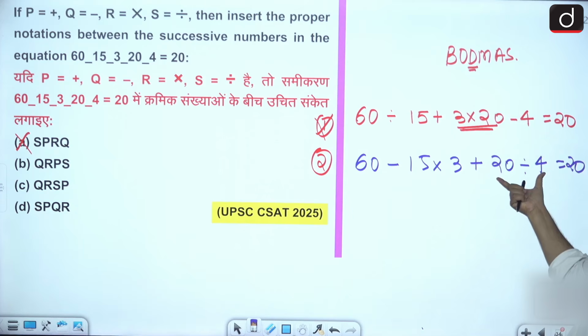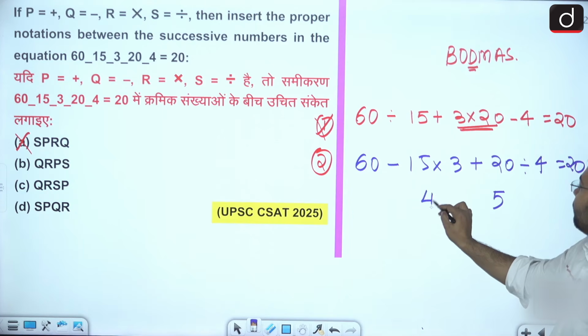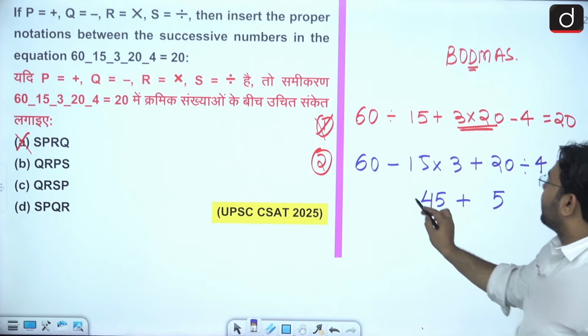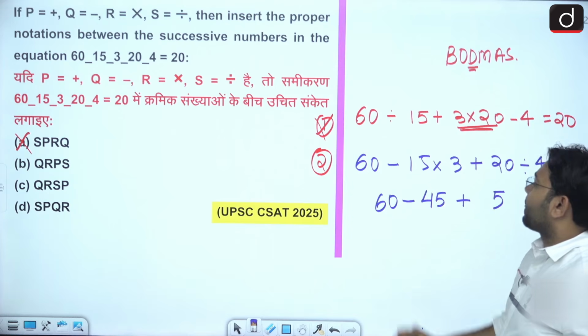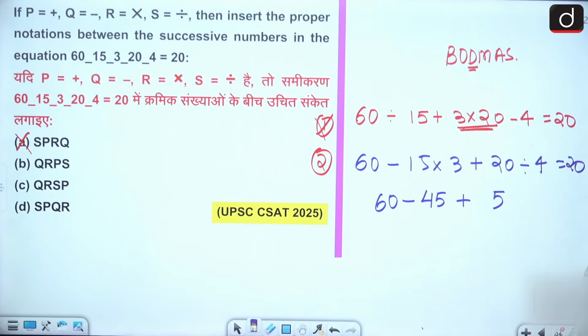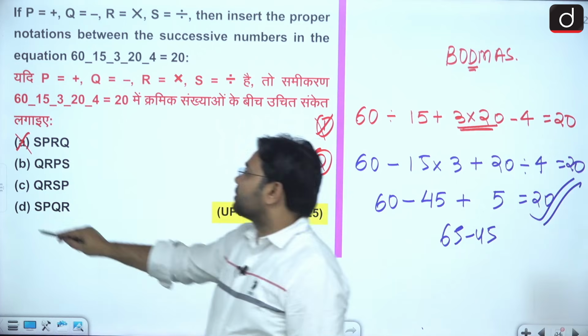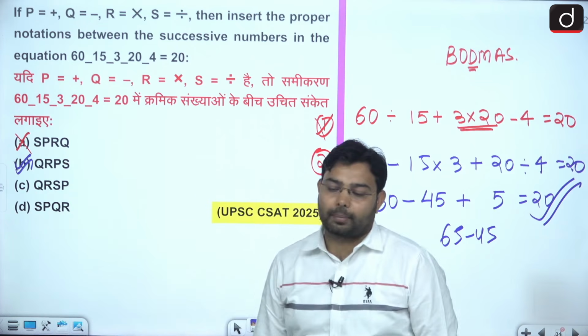So this is what? 5. This is of 45 and 60 is equal to 60 plus 5, 65. 65 minus 45 is 20. Got it? So the answer is option B.